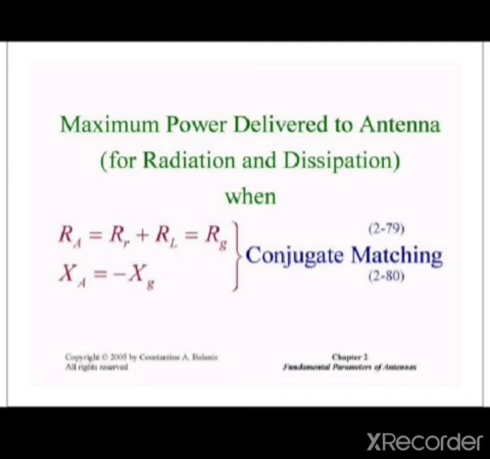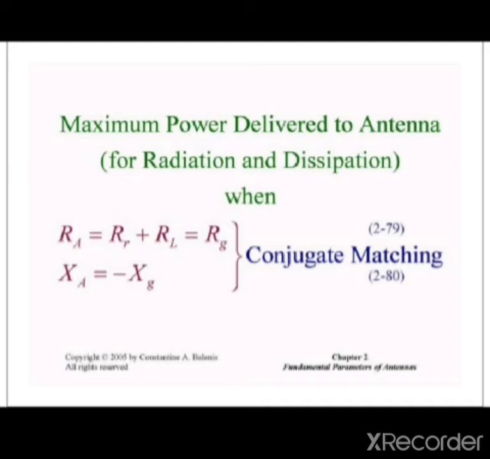For maximum power delivered we use the maximum power transfer theorem, which we already studied in second year network analysis. There we take three conditions: pure resistance, the complex conjugate condition, and pure imaginary at the load. The complex conjugate condition gives matching, that is, perfect power transmission.